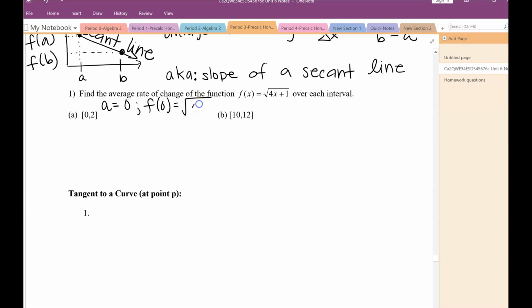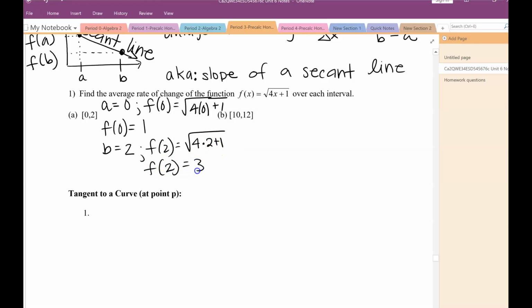So it's square root of 4 times 0 plus 1, which gives us 1. What's your b value? 2, because it's from 0 to 2. So f of 2, plug it in: square root of 4 times 2 plus 1, which gives us 3. Perfect.